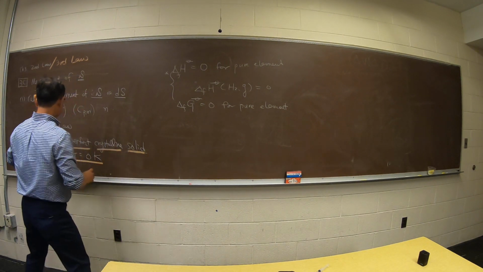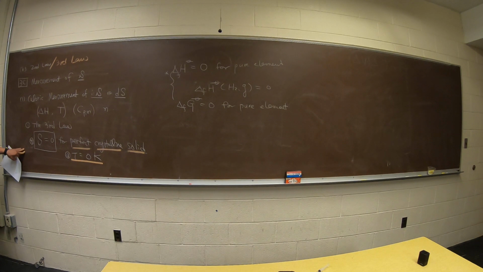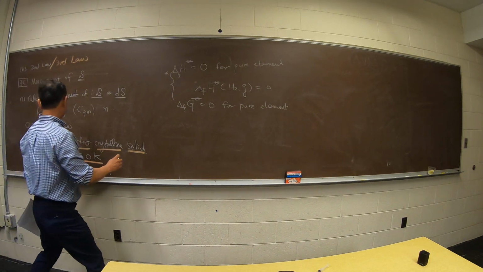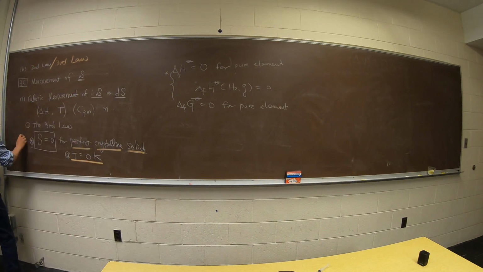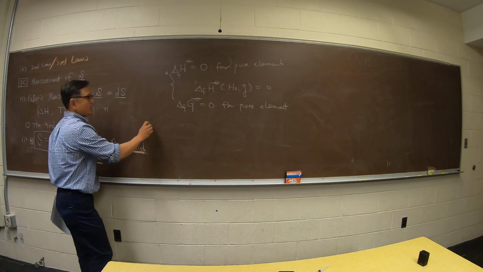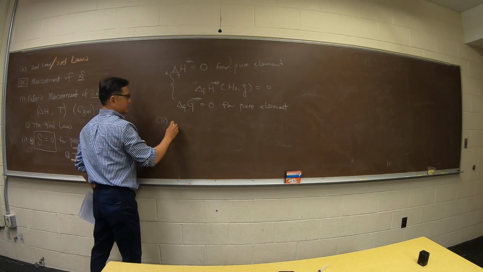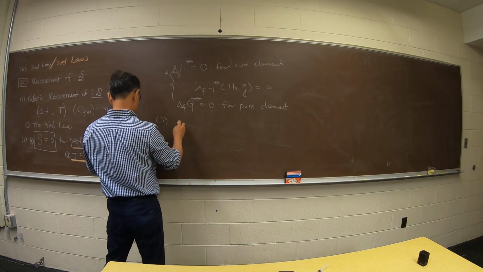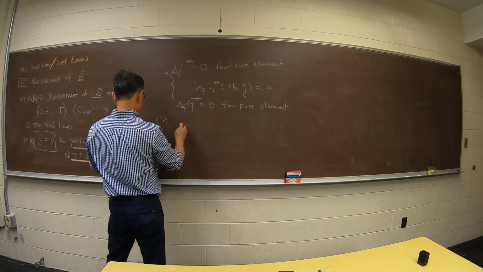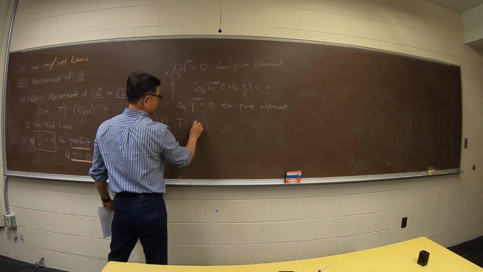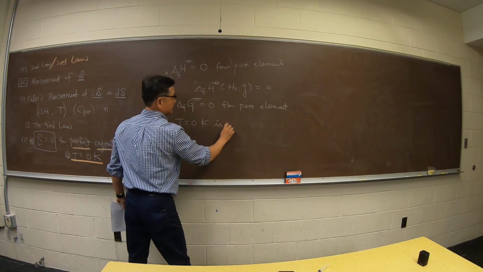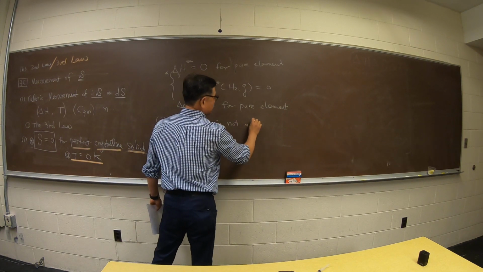So this is one way to state it, and another way to make a statement of the law is, number 2, temperature 0 is not obtainable.